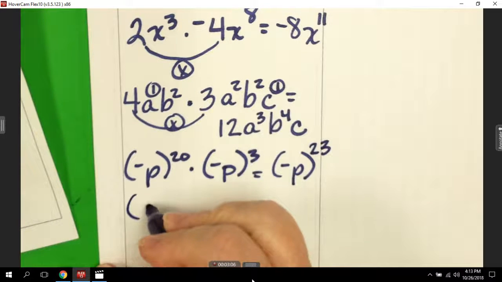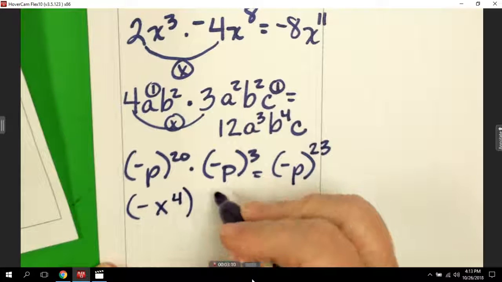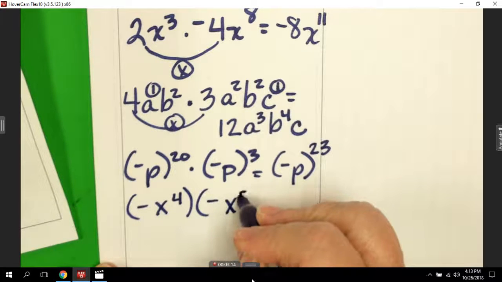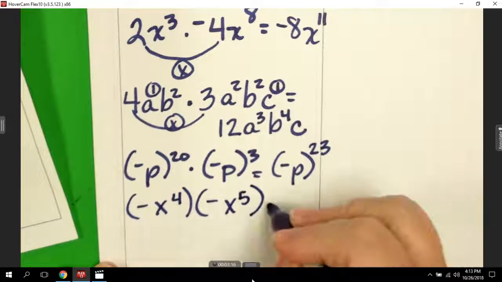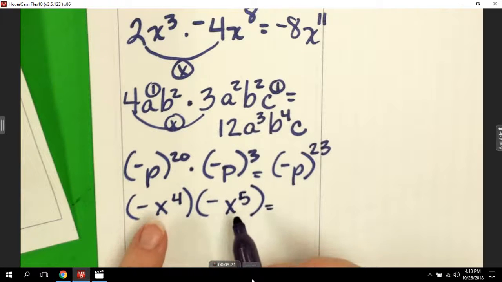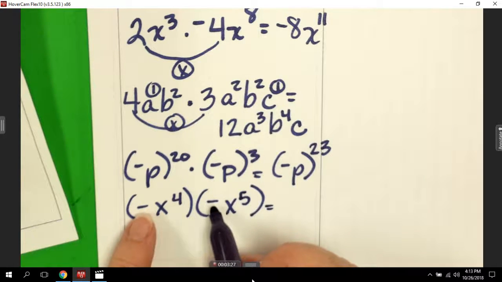Sometimes you'll have a problem where the exponents are inside the parentheses. When they're inside, this is telling us that just the x is repeated over and over again. The negative sign is not.